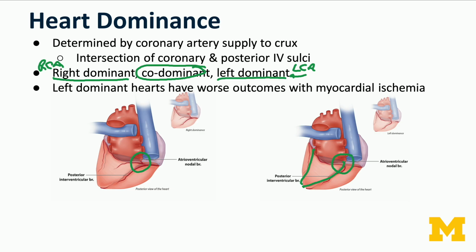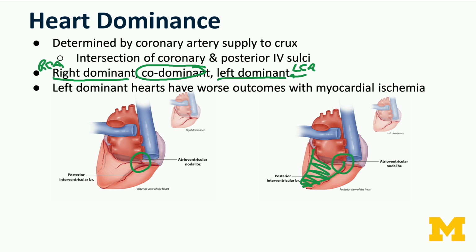So in a left dominant heart, if there is a total occlusion of the LCA, you lose all blood supply to the interventricular septum. What can be found in the interventricular septum? Well, the bundle of His and the bundle branches.